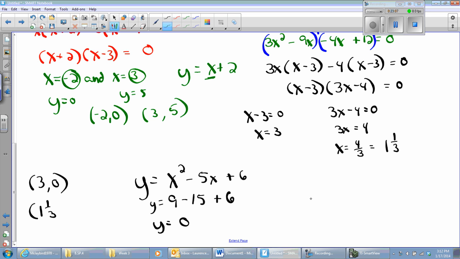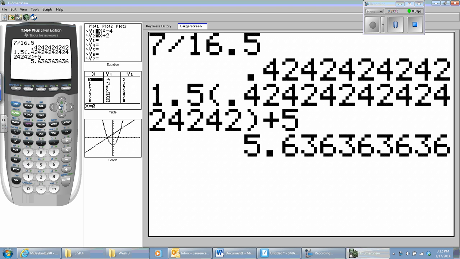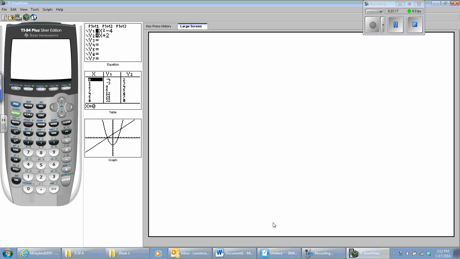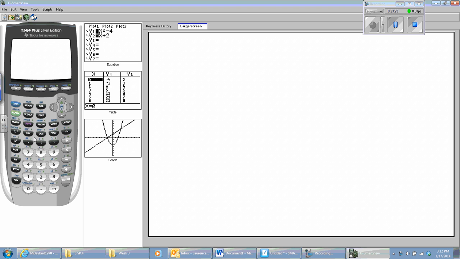And on this one, I might go to a calculator. Let me get out of this mode so I can quit and clear off all that. And let me see, what's my equation here? It is x squared minus 5x plus 6. So I am going to go 4 thirds. Please don't ask me where the fraction button is. I use the division symbol, and I'm going to square it.